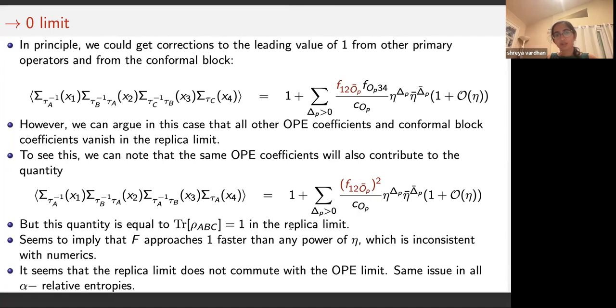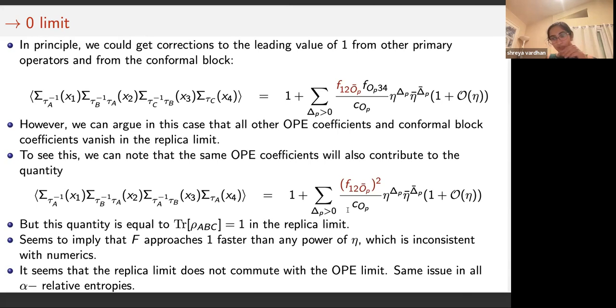But now you can again write down what this 4-point function is in terms of the density matrix. And that expression just goes to 1 in the replica limit. So it just goes to the trace of rho ABC, which is just identically equal to 1 in the replica limit. So this tells you that there should be no corrections from 1 in this quantity.